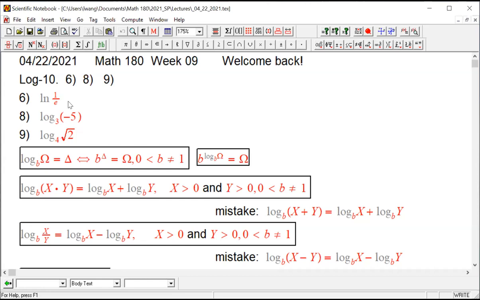So this equals -1. How about this? Log base 3 of -5.